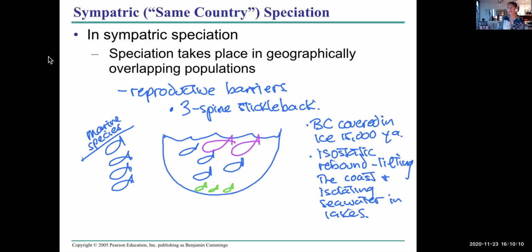So are they considered new species yet? I'm not really sure. The last time I checked, they were considered subspecies and not individual species, but they're on their way, perhaps, to becoming new species. So sympatric speciation.